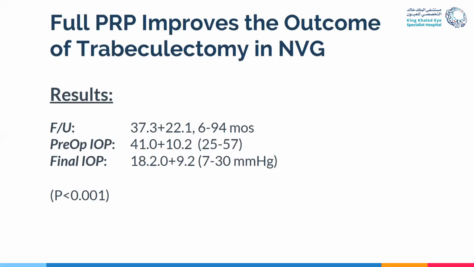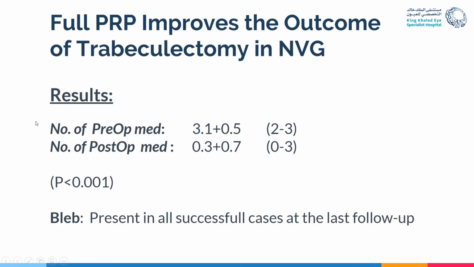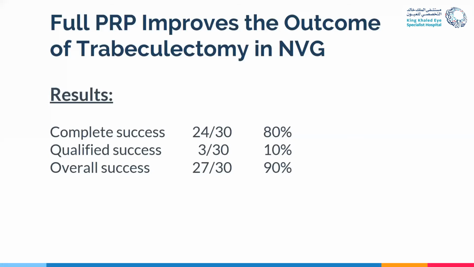Our results after a mean follow-up of 37 months, ranging from 6 to 94, so almost 3 years or more: the intraocular pressure was reduced from 41 to 18, and the p-value shows it is very significantly reduced, as well as the number of medications. A bleb was present in all successful cases, and complete success was achieved in 80% of our 30 eyes, 24 out of 30, and overall success was 90%.